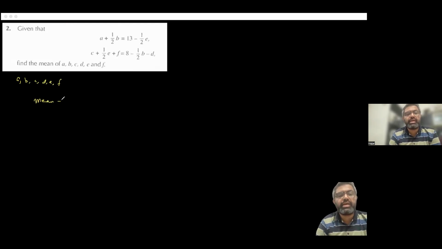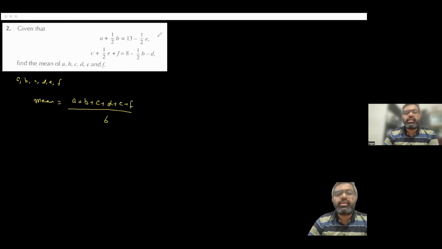Over here we have 6 numbers: A, B, C, D, E, F. So the mean is going to be the sum of all of these divided by 6. So we just have to solve these two equations, sum A, B, C, D, E, F, and divide it by 6. This is a relatively easier one.